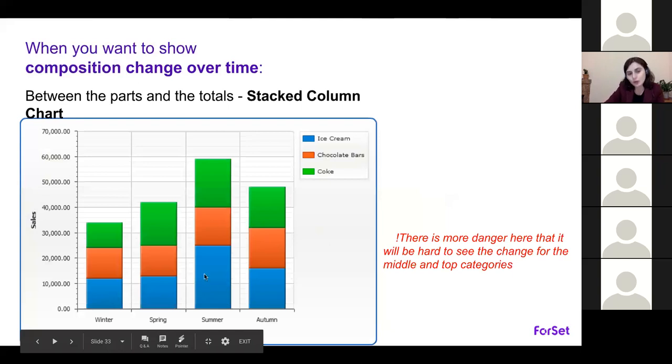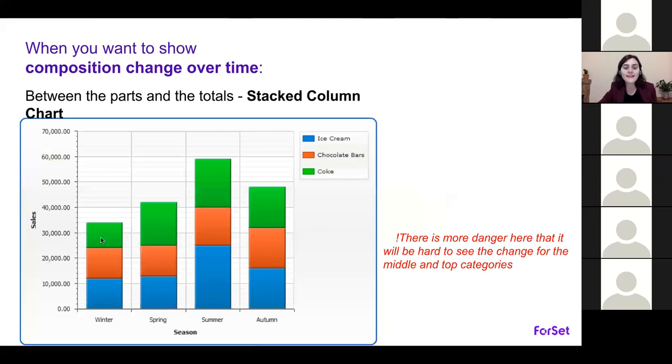If you decide to use this type of chart, you need to be careful, because if your main message is that you want to compare, for example, Coke sales to each other by the seasons, this is not the best type. This is used when we want to show the totals of these different sweet types.